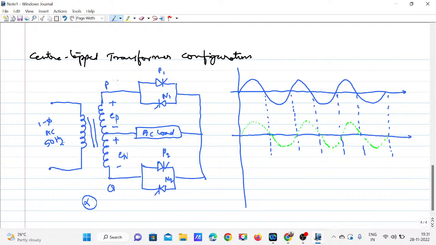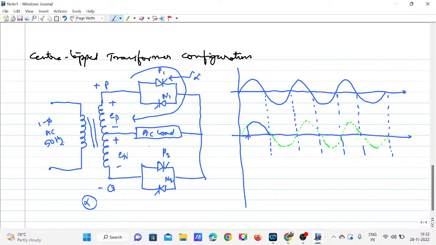If P is positive compared to Q, so plus and minus, what will happen? P1 can be on and the current flowing is like this. P1 will be on, current flowing will be like this, and alpha is the firing angle. So at alpha degree, this is following the voltage.